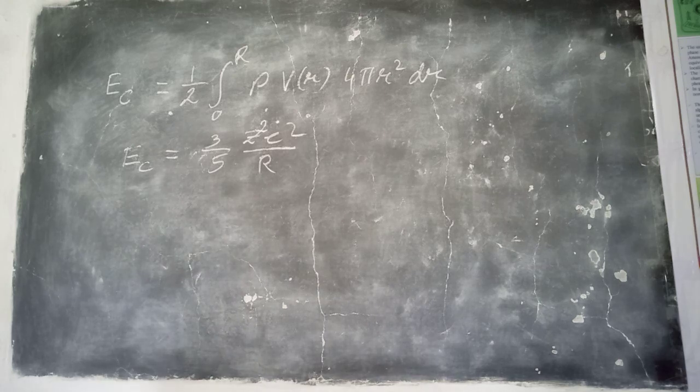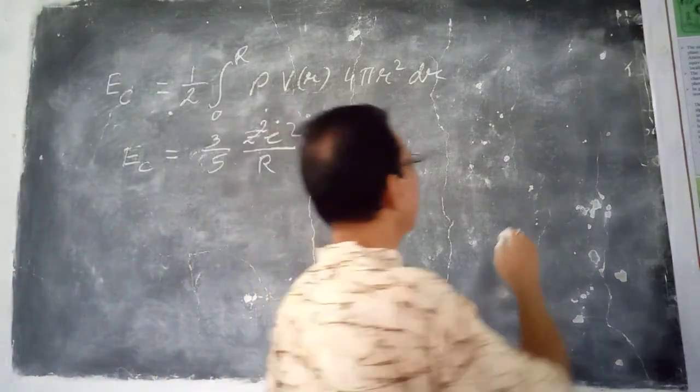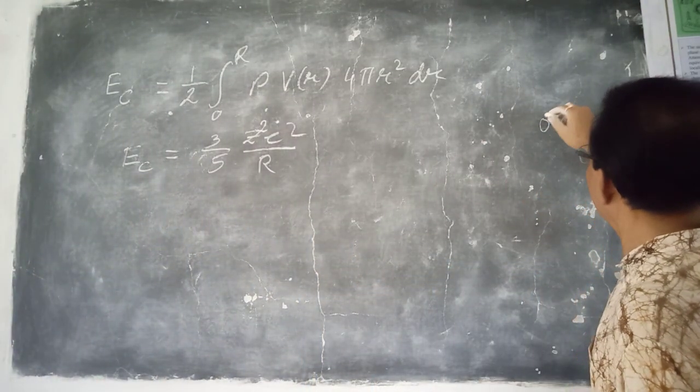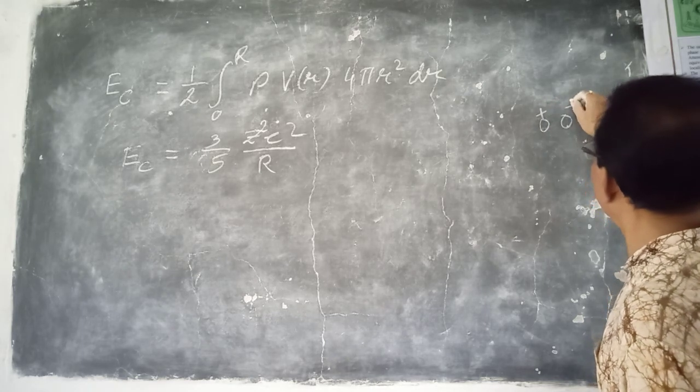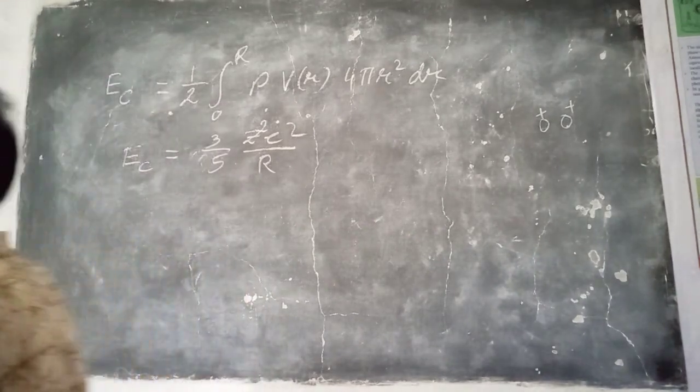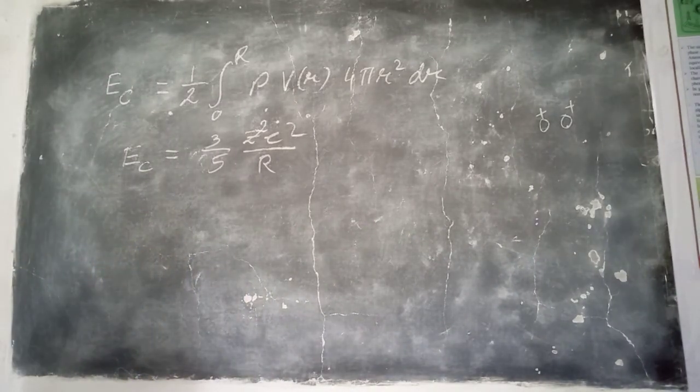Now the Coulomb interaction, we know, is proportional to the number of proton pairs in the nucleus, because the interaction will be between two particles.